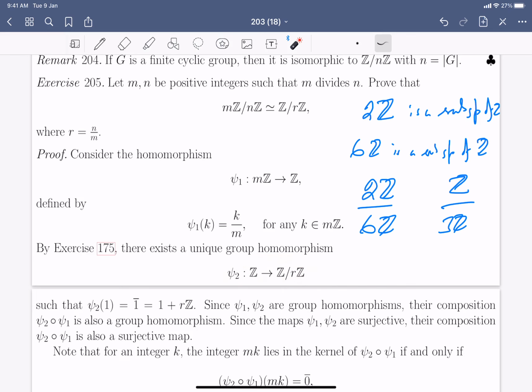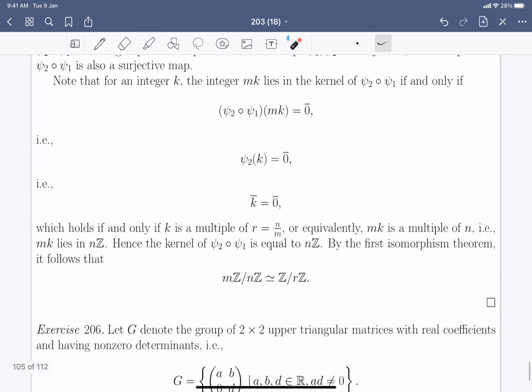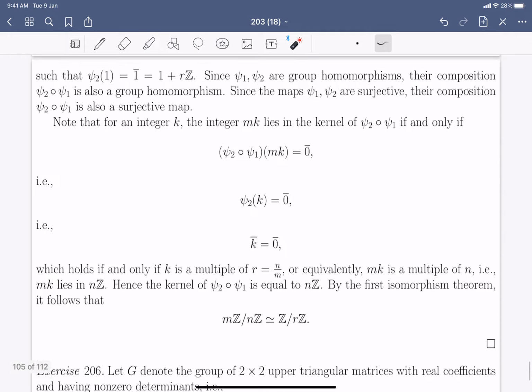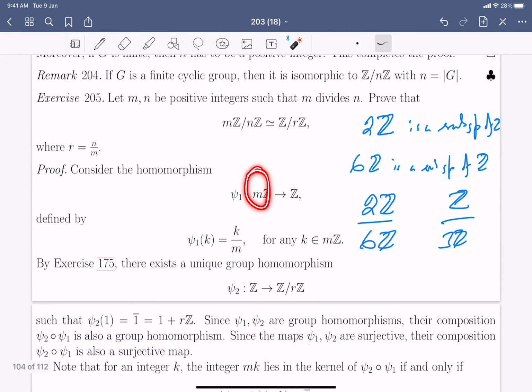We will compose psi1 and psi2 to obtain a map from mZ to Z mod rZ, and if these maps are suitable, then it will follow that the composition has exactly Z mod rZ as its image, and its kernel is exactly equal to nZ.